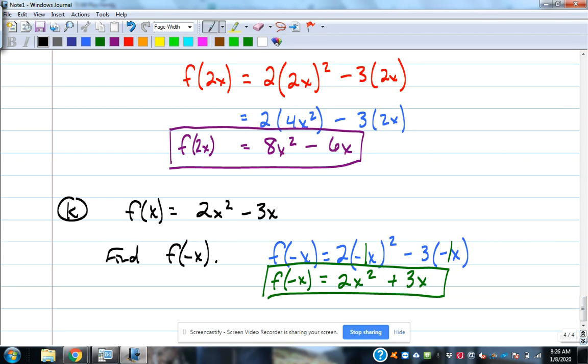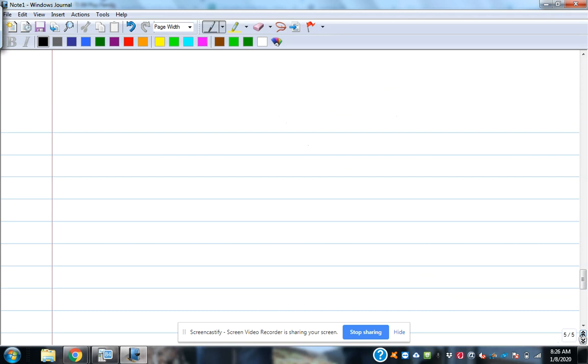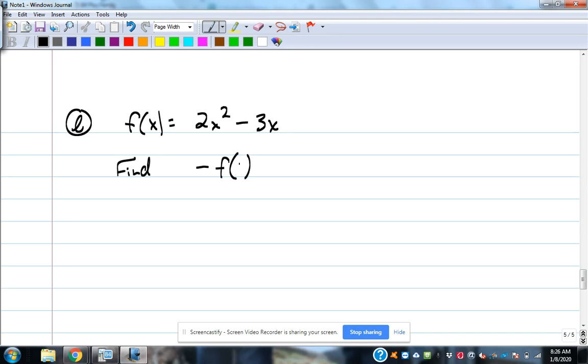And then sometimes they'll do something weird to you, and they'll say, here's your function, 2x squared minus 3x, and they want you to find negative f of x. It's not really function value, but it's just a different take on the function. What does that mean?